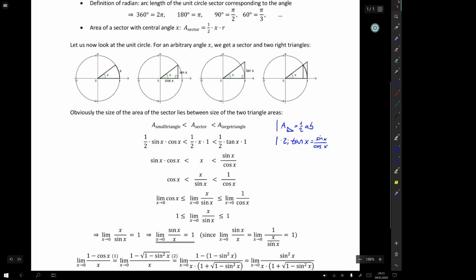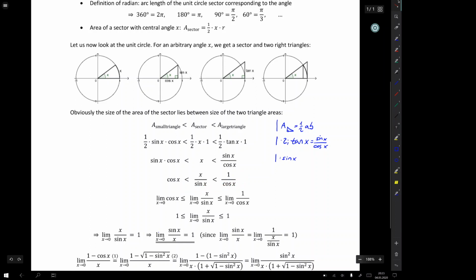In the next step, we divide by sine of x. So we get here cosine of x, x divided by sine of x, and here the sine of x disappears. That's how we get the next line here.